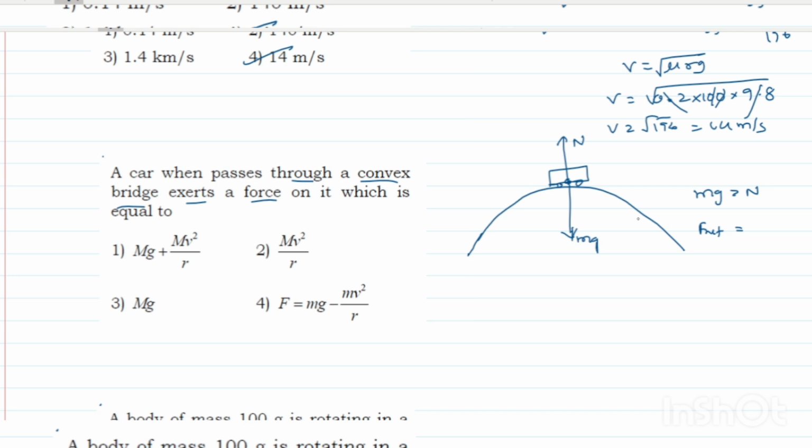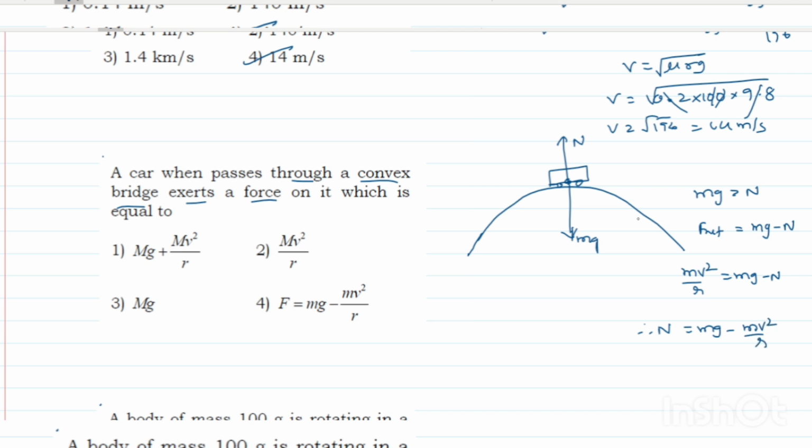I'm just taking only the highest point, students. F net is mg minus N. This is mv square by r, which will be equal to mg minus N. Then N is nothing but mg minus mv square by r.